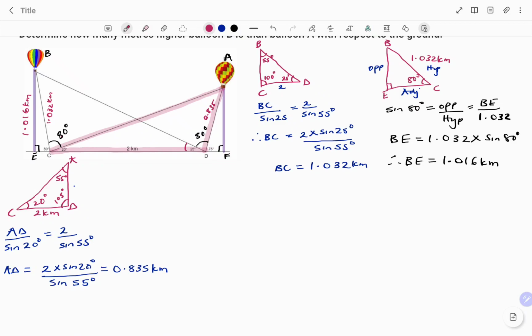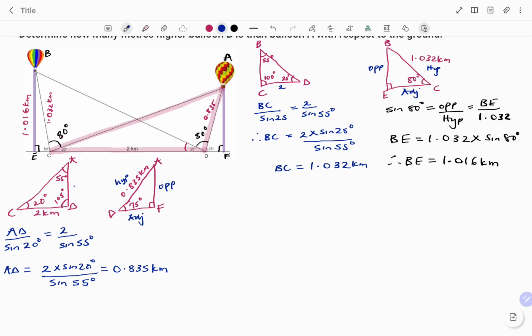Now that I know my distance AD to be 0.835, I can go back to my right angle triangle in order to find the height of the balloon A. I have this as point F, the right angle. I have the angle here to be 75 degrees and the distance AD is 0.835 kilometers. Therefore, to find the height AF, I'm going to tag my triangle: the side facing my angle is my opposite, the longest side is my hypotenuse, and the third side is my adjacent.